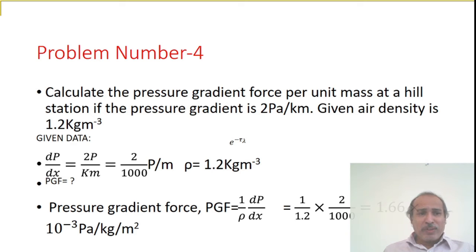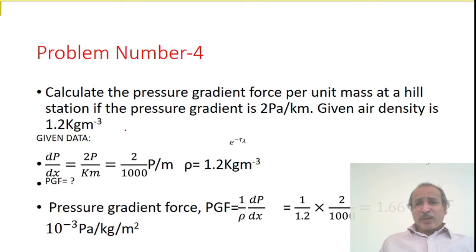Problem number 4. So now read the problem here. Calculate the pressure gradient force per unit mass at a hill station if the pressure gradient is 2 Pascal per kilometer, given air density is 1.2 kg per meter cube. So here also same problem.